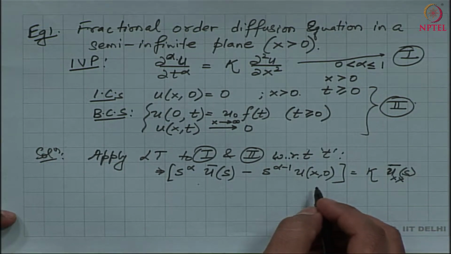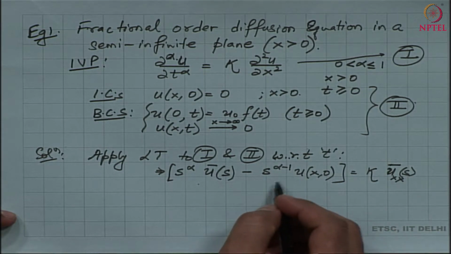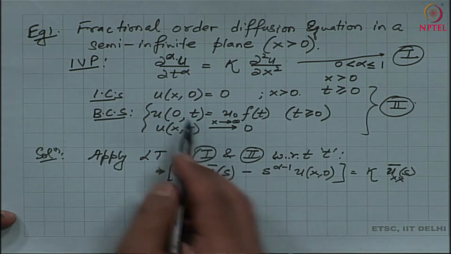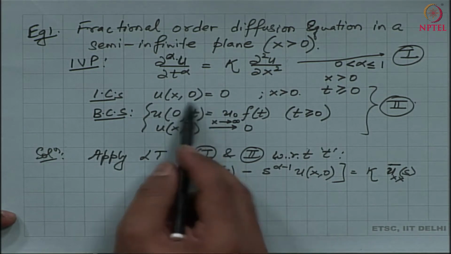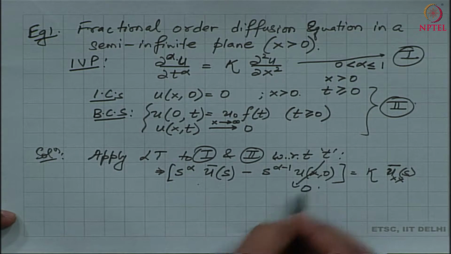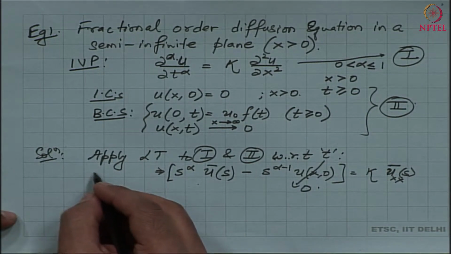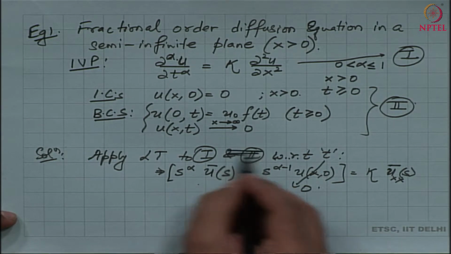Okay. So then, before simplifying this further, I see that the solution at t equal to 0, the initial condition, is 0. Let me just do it step by step.